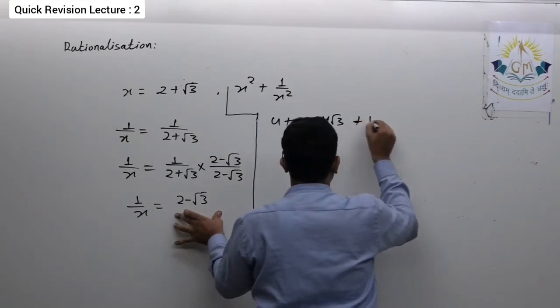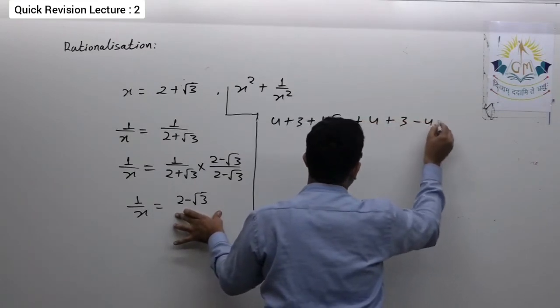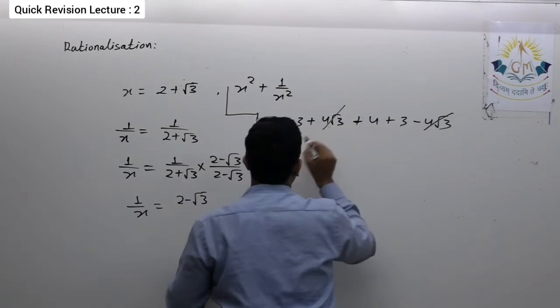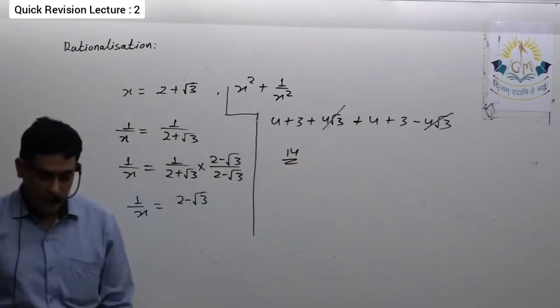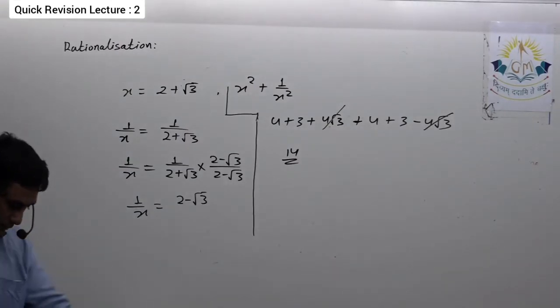So 4 plus 3 minus 4 root 3. So this will cancel out. So 7 plus 7, 14 will be the answer. Okay, in that way you can simplify the given expression.